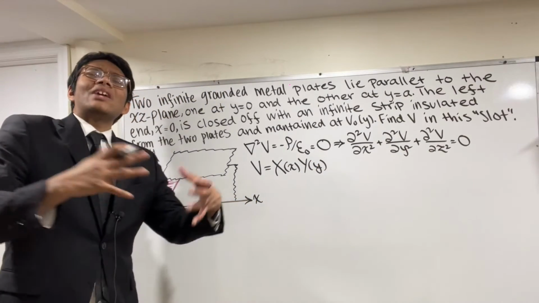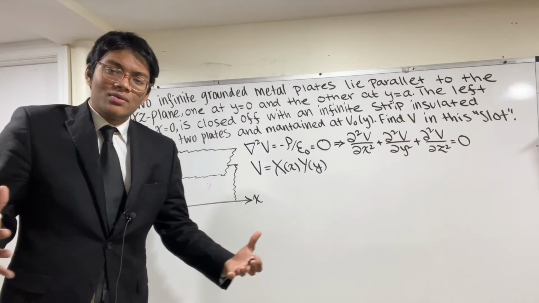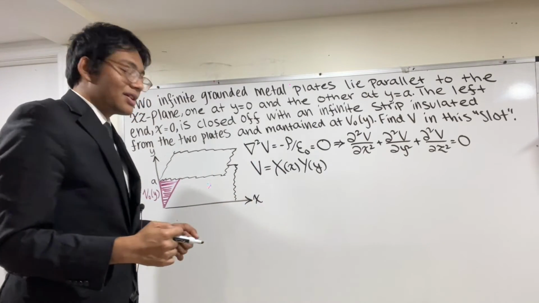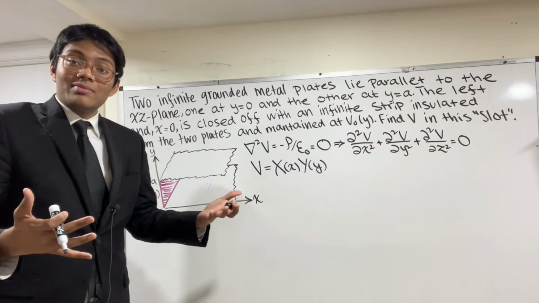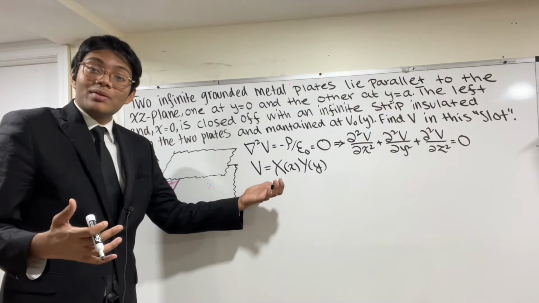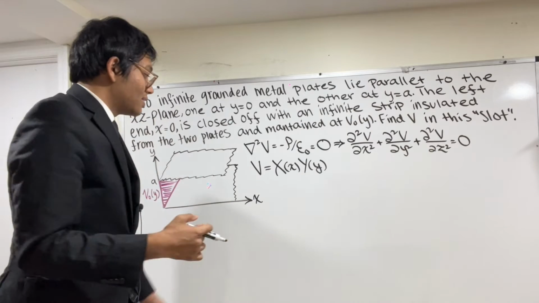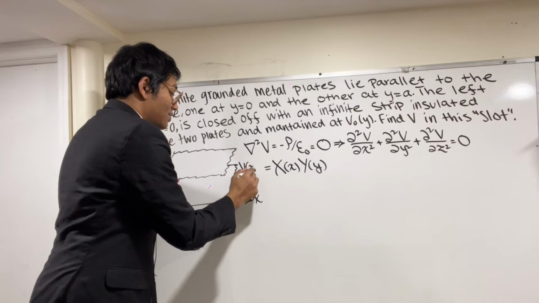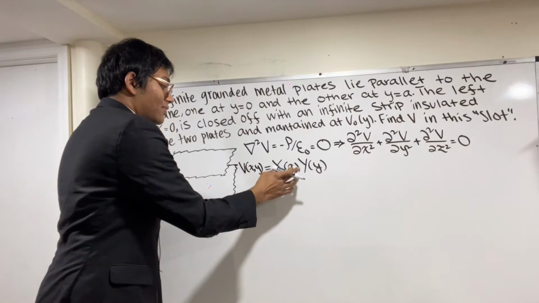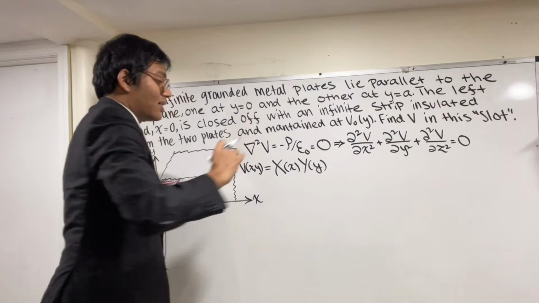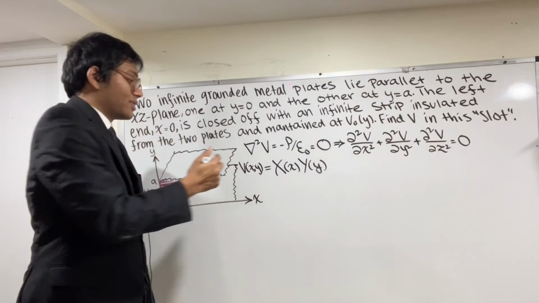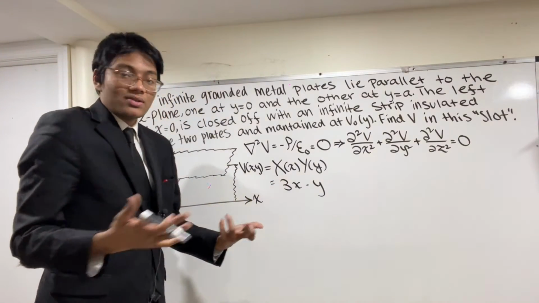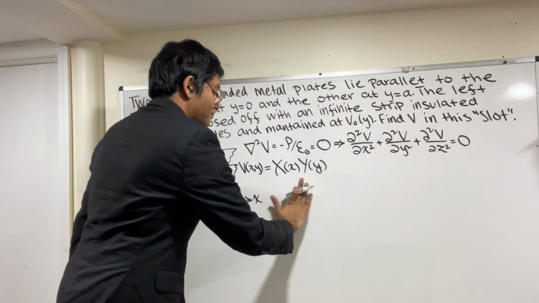Why do we have any right to assume this? Well, it turns out that this pops out a solution, which is not a good reason at all, but maybe a lot of people tried different methods and separability is what worked. So all I'm saying is that we're assuming the electric potential function can be broken down into a function of just x times a function of just y. For example, 3x times y could be a valid potential function.